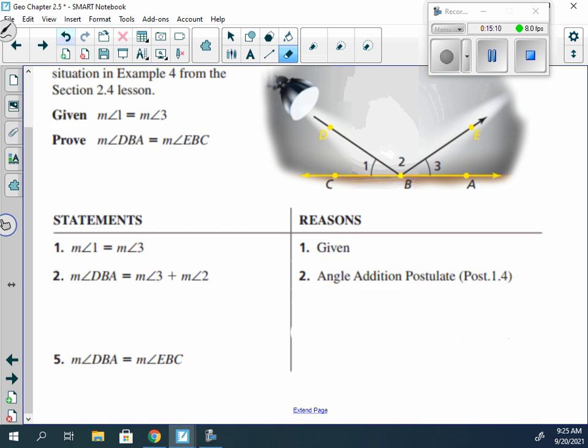The angle addition postulate says: if there exists an angle ABC, and a point D lies in the interior of the angle, then ABD plus DBC is equal to ABC. The two parts equal the whole.